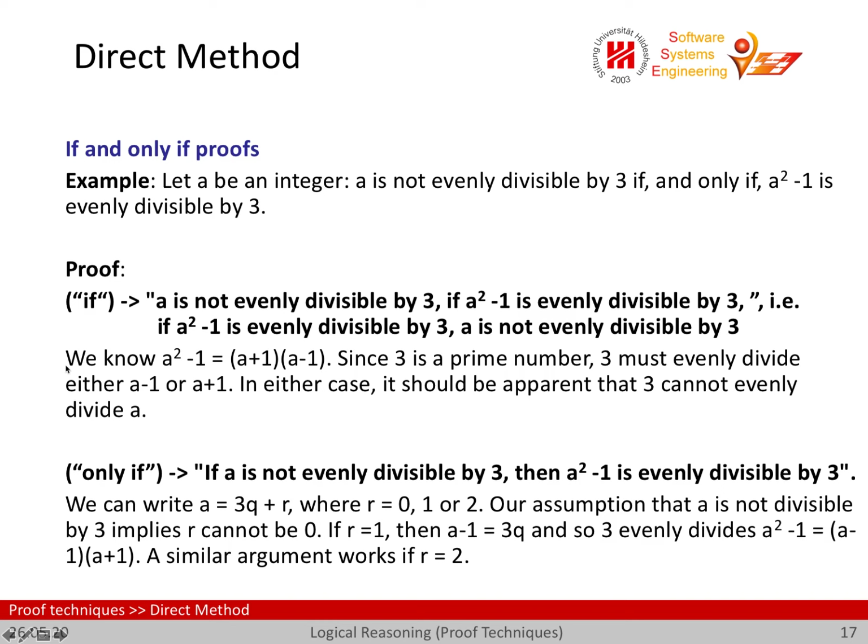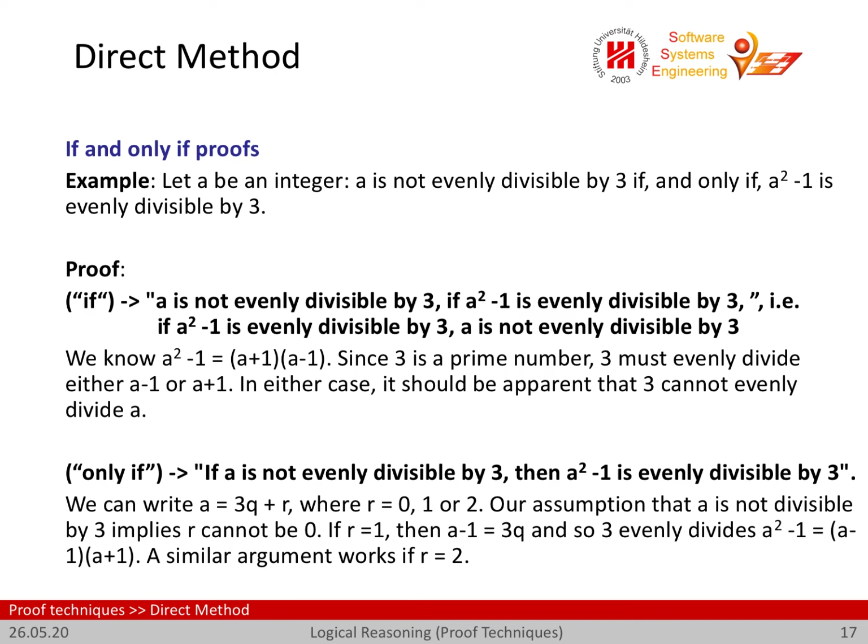So how do we prove that in a direct way? We know that A square minus 1 can be rewritten as A plus 1 times A minus 1. 3 is a prime number, so we know it has to divide one of those. So either A plus 1 is divisible by 3 or A minus 1 is divisible by 3.